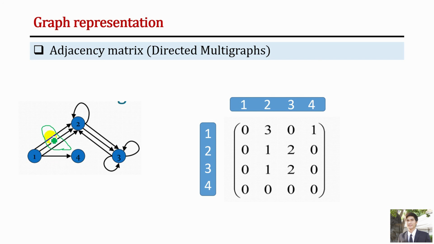In this case, if there's no weight, you just count how many edges connect vertex 1 to vertex 2. We have 3, so we put 3, and so on and so forth. And we also have loops. This node has, from 3 to 3, 2 edges. They are loops, so we put 2 here.